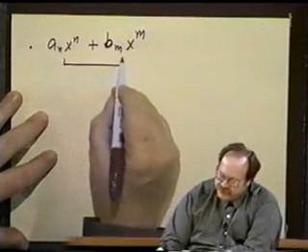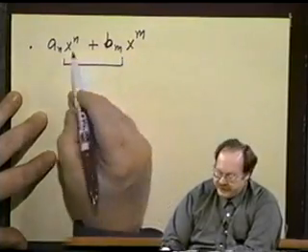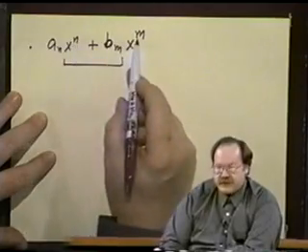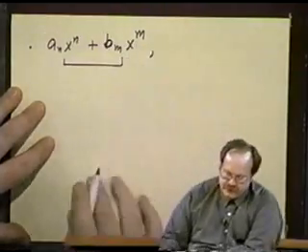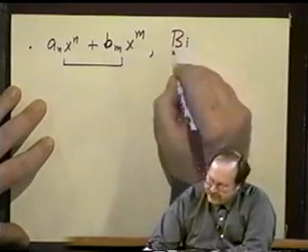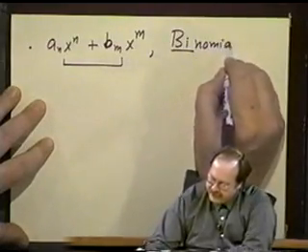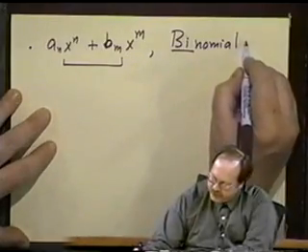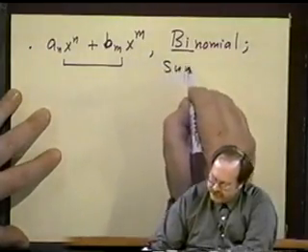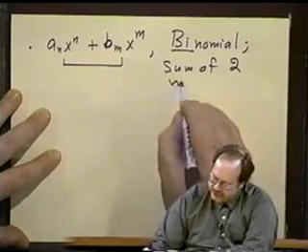This is two different things. These are not like because the variable is the same but the powers are different. So these are not like terms, they can't be added. So this is referred to as a binomial. Bi, as in bicycle. Two things. A binomial. And what is this? This is a sum of two monomials.